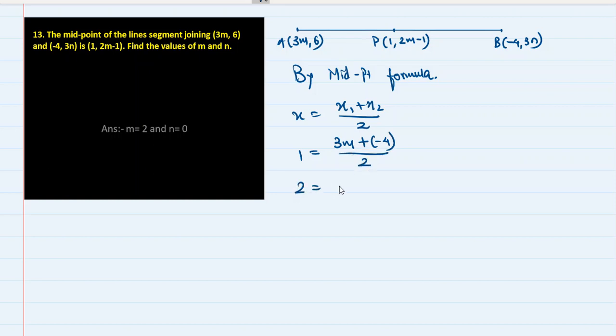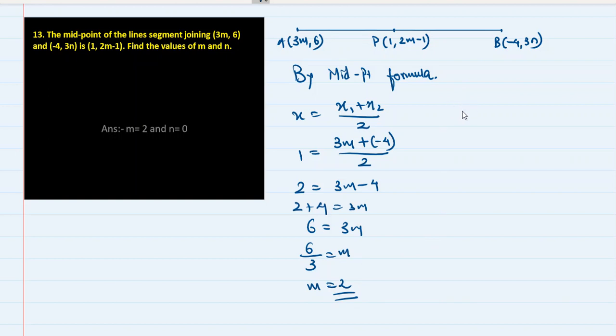So 2 is equal to 3m minus 4, and 2 plus 4 is 3m. So 3m is equal to 6. So 6 by 3 is equal to m, and m is equal to 2.